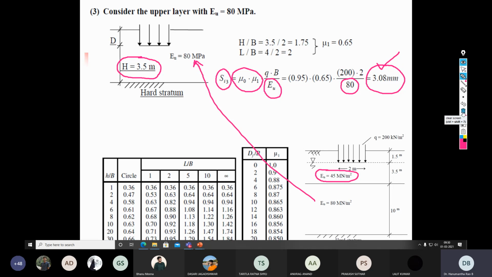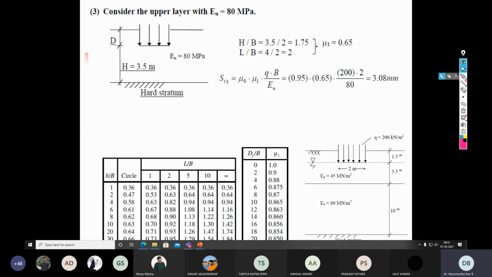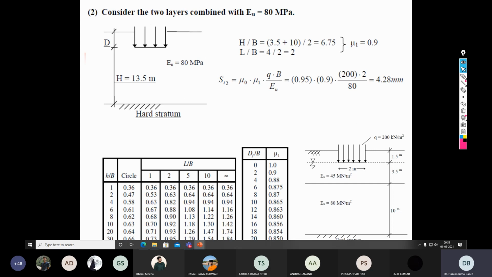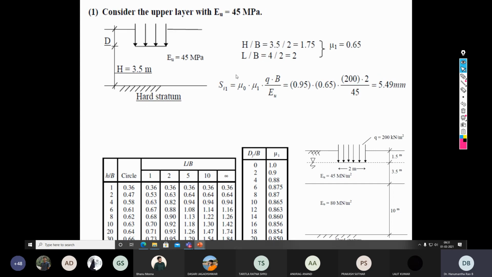Approximately 3 plus millimeter. Okay, so let me show the difference one more time so that there will not be any confusion. So this is step 1, where we have considered the soil layer thickness as 3.5 meter and the elastic moduli of the soil as 45 megapascals.